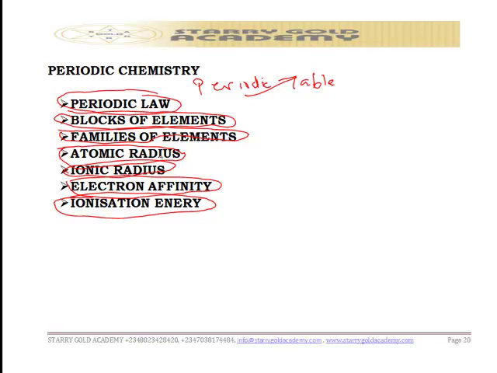It was the Russian scientist known as Mendeleev that did the arrangement that brought about the development of the periodic table and the periodic law, which we're going to state and look at today.